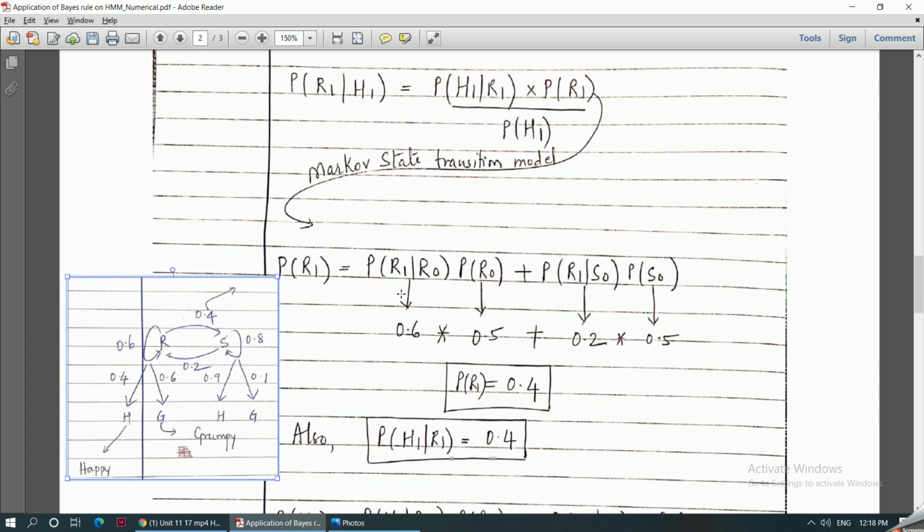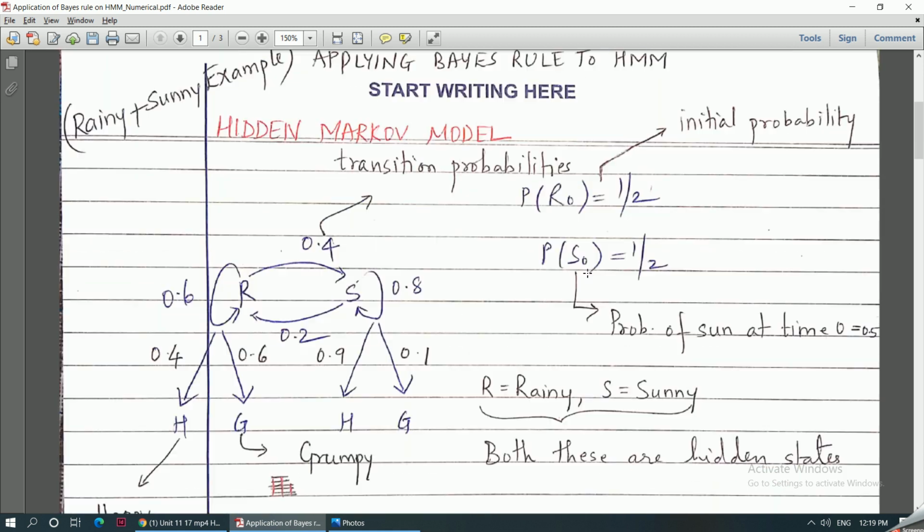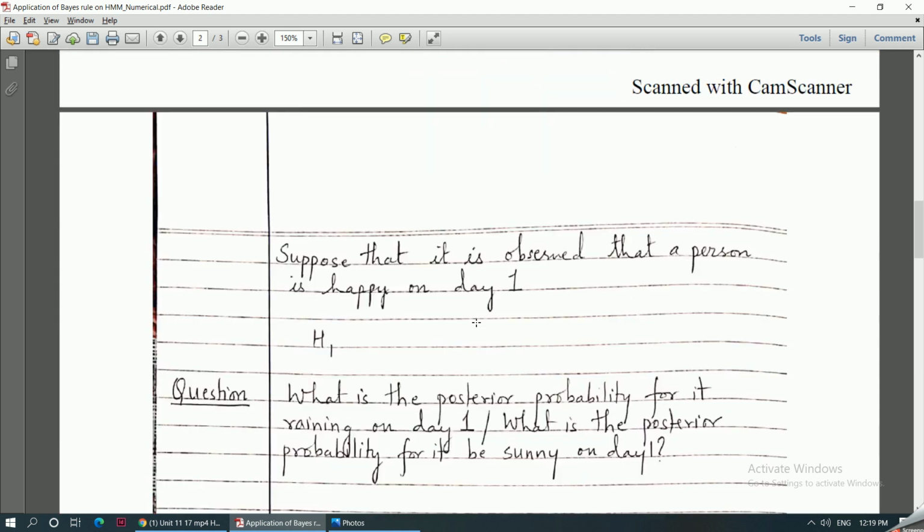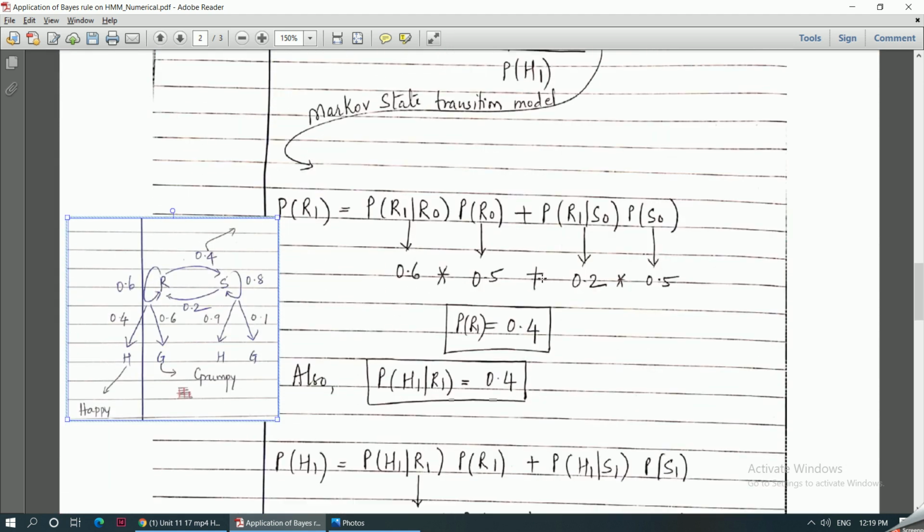So what is this? R1 given R0 is nothing but we consider 0.6. Alright, because explicitly the values of R1 and R0 are not given. So the state transition into the probability of R0, which is nothing but the initial probability given in the question, 1 by 2, plus probability of R1 given S0.